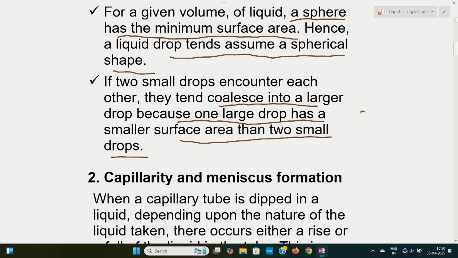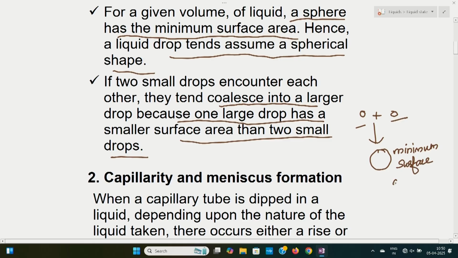That is, if we have one drop here and another drop here, when these two drops come together, we get a larger drop, because this larger drop has the minimum surface area compared to the two small drops. I hope you understood the first consequence, the spherical shapes of liquid droplets.